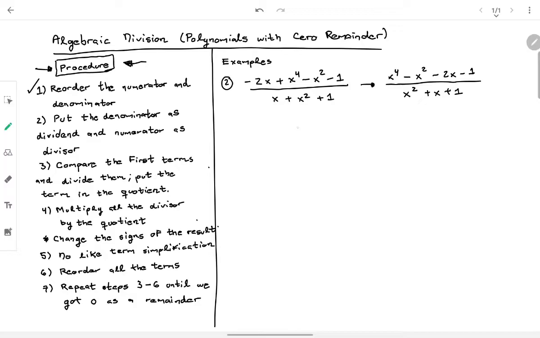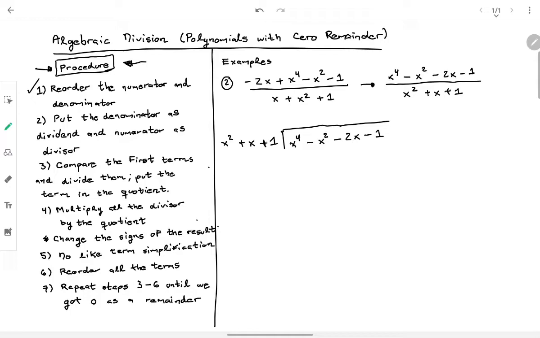Then we need to put the denominator as dividend and numerator as divisor. So it's going to be x to the 4th minus x squared minus 2x minus 1 divided by x squared plus x plus 1.